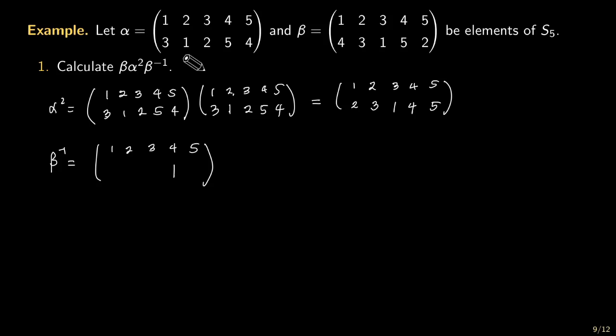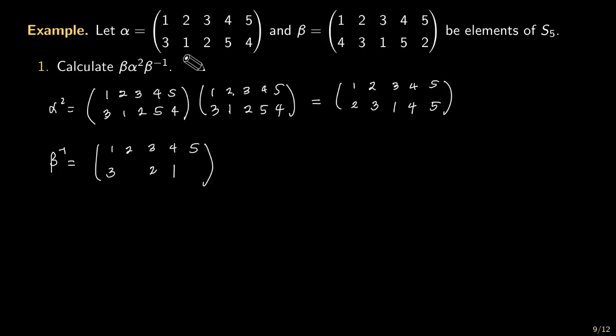How do you undo sending 2 to 3? You must send 3 back to 2. So you put 2 under 3. Then for beta, 3 is sent to 1, therefore the inverse should send 1 to 3.